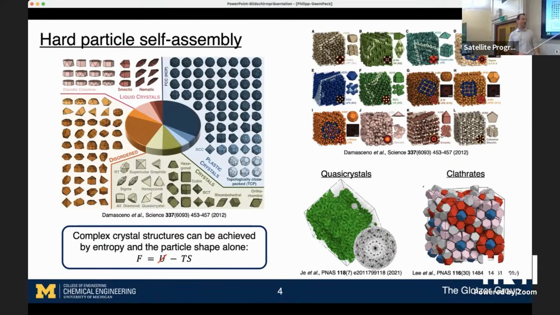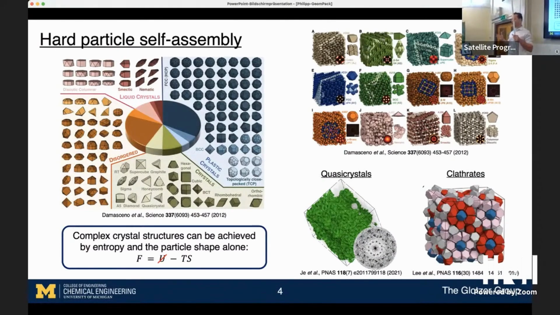You can even get, and that's what Michael showed last week, the quasi-crystal, which has a multitude of different local environments, or even crystals with hundreds of particles within a unit cell, so a very, very high degree of complexity.